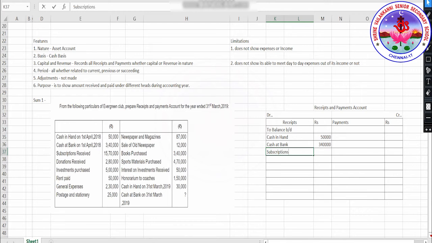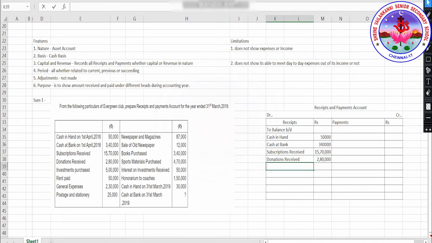It is 15,70,000. Then donations received, 2,80,000.